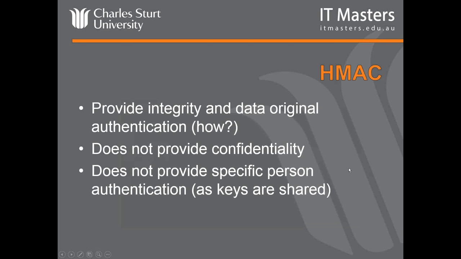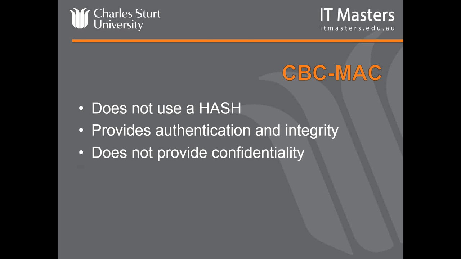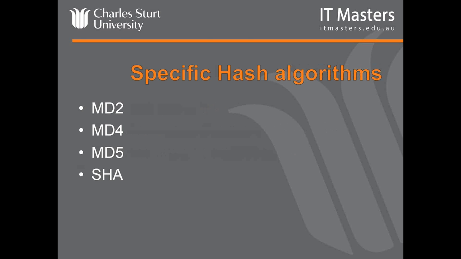So HMAC provides integrity and data authentication, not confidentiality. No specific person authentication. Keys are shared, so that's one of the problems. CBC-MAC: plain text is sent in the MAC, it doesn't use a hash, so it doesn't provide confidentiality at all.